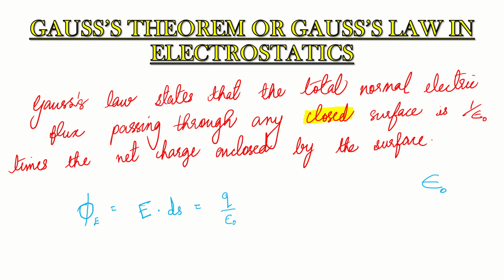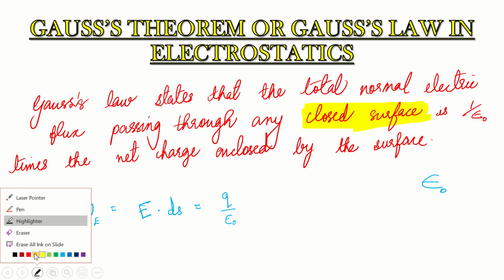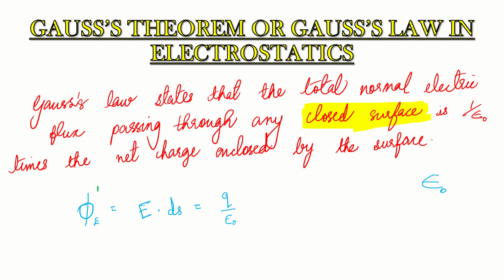We need a closed surface here. This is compulsory. Closed surface should be given to us, only then we can apply Gauss's law or Gauss's theorem. So, Gauss's law states that the total normal electric flux passing through any closed surface is 1 by epsilon naught times the net charge on it.